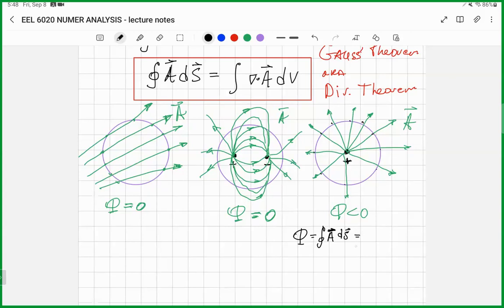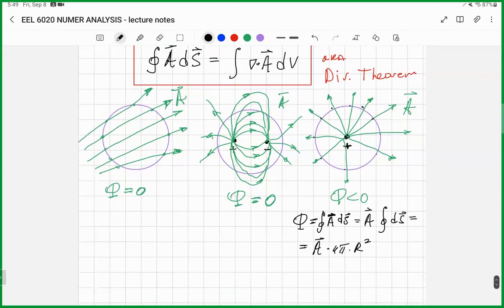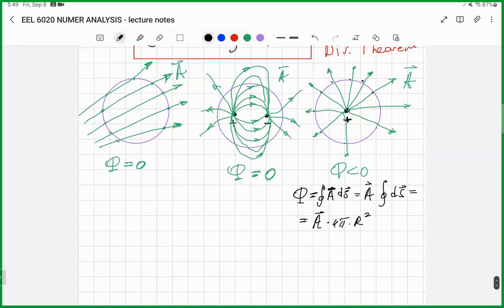It doesn't change; it's basically a constant. So we can take it out of the integral, and then the integral over the surface turns into the surface area of the spherical shape, which is 4 pi r squared. So this is the flux for one charge located in the center of a spherical surface.